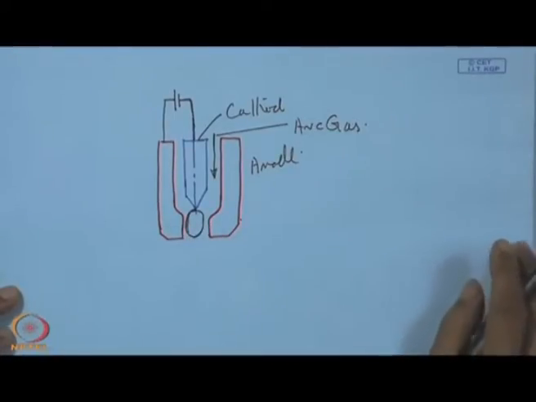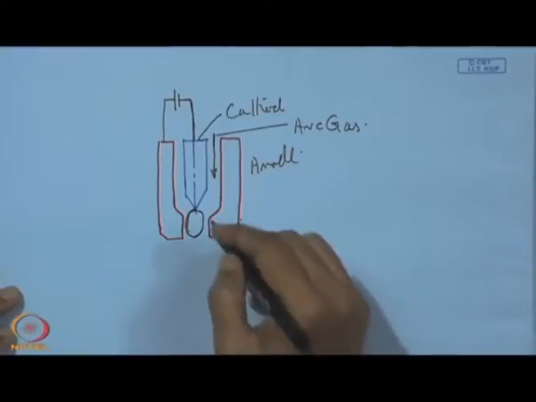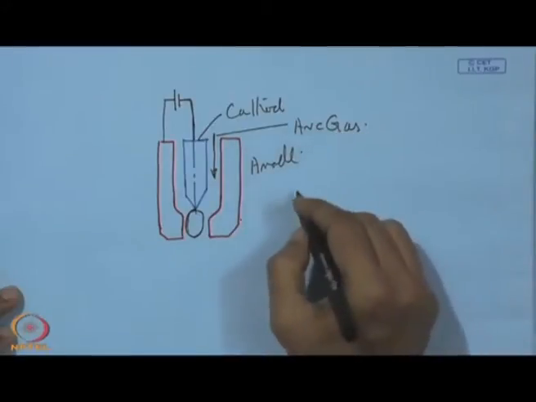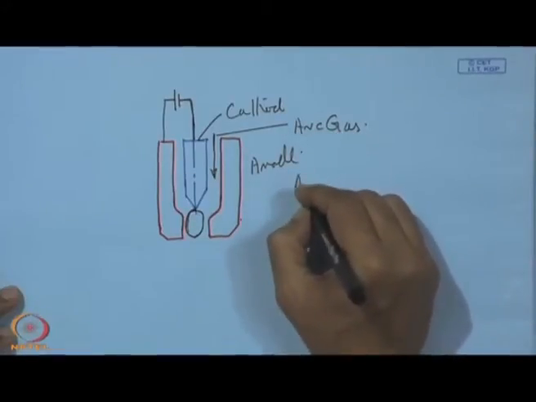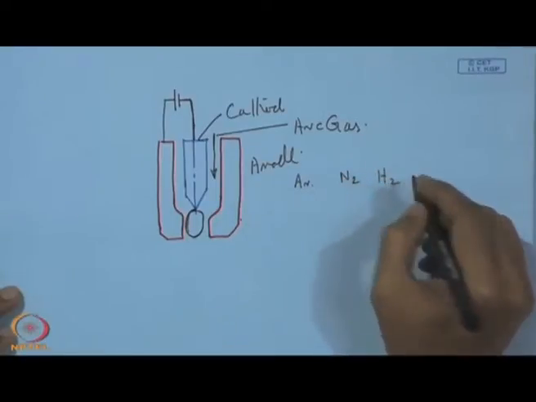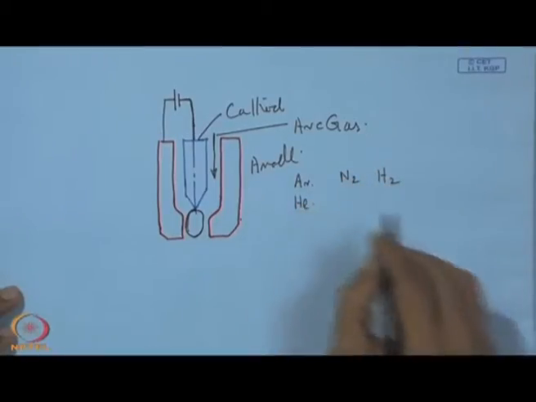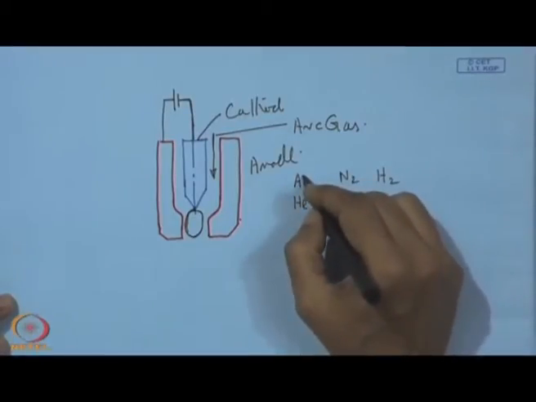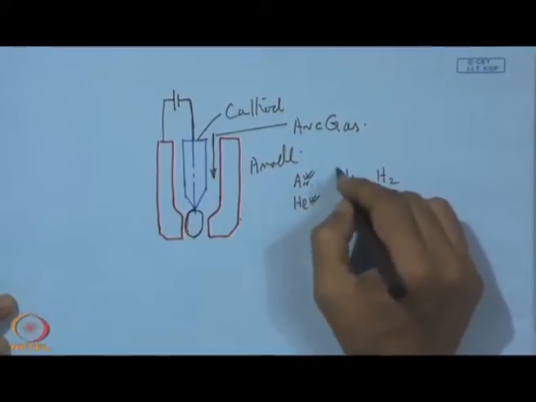Now, as a result of this gas discharge, what is going to happen? What are those arc gases? We can have argon or nitrogen or hydrogen or even helium. However, it is preferred to have a diatomic gas instead of a monoatomic gas.